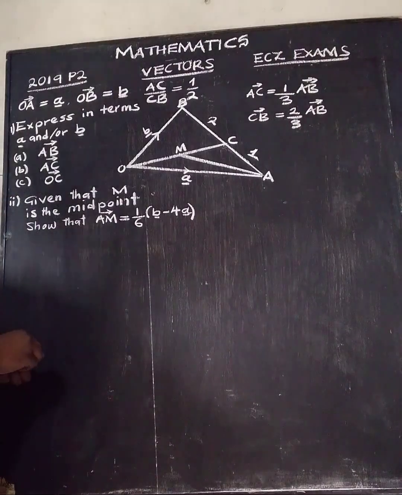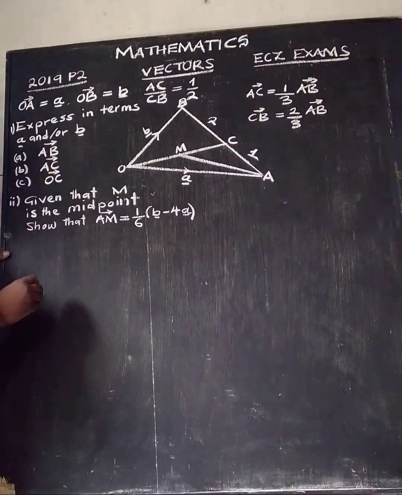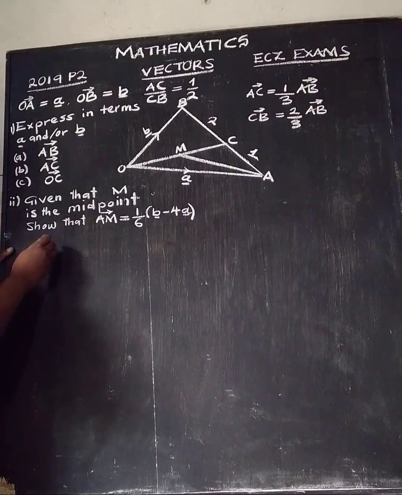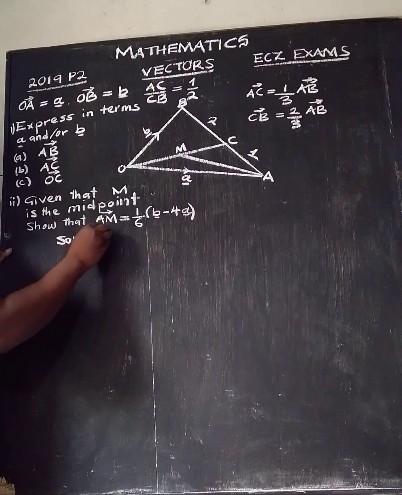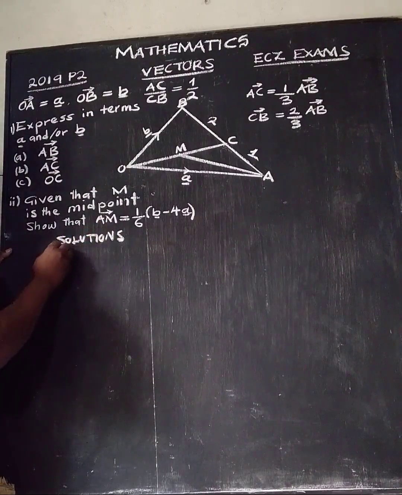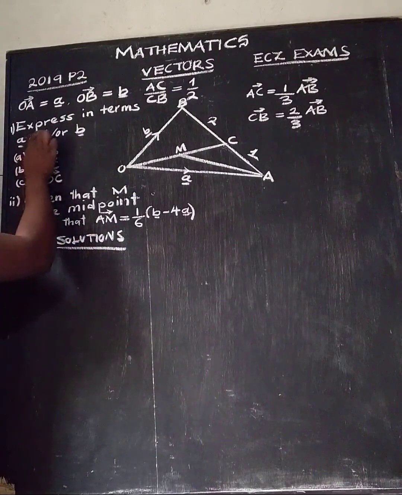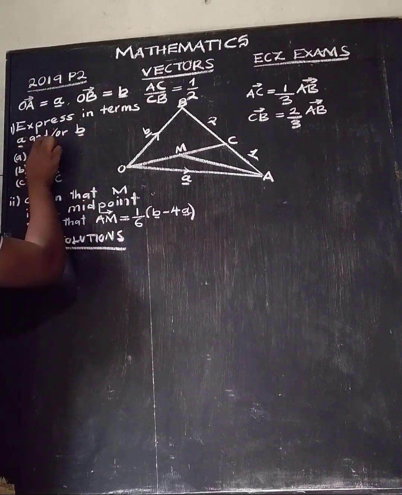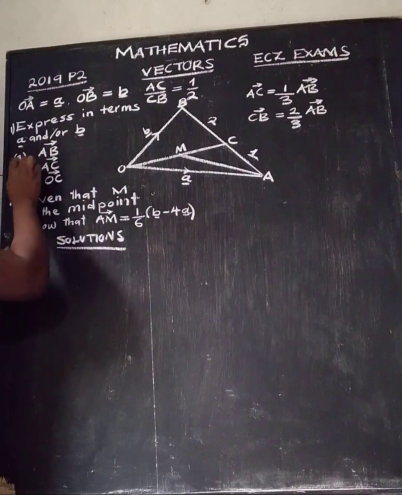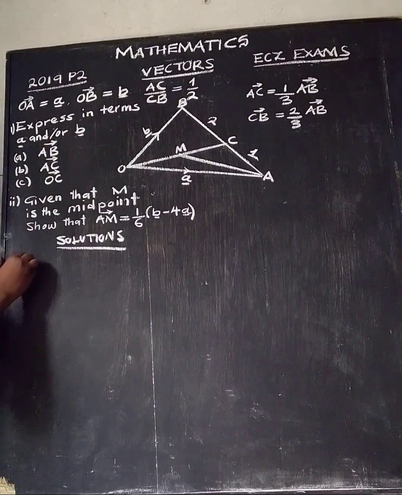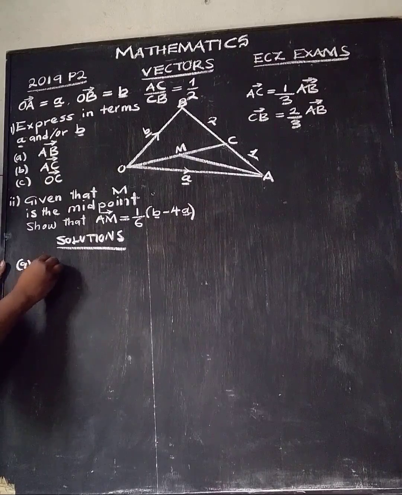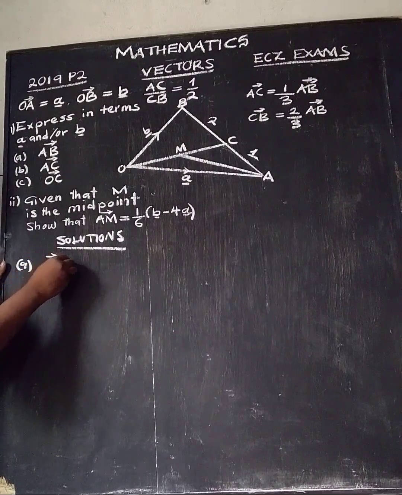Okay, let's move on. So they want AB. They want us to find the vector AB as the first question. So solutions. They're saying express in terms of A and B the vector AB. So question A, they want us to find the vector AB.